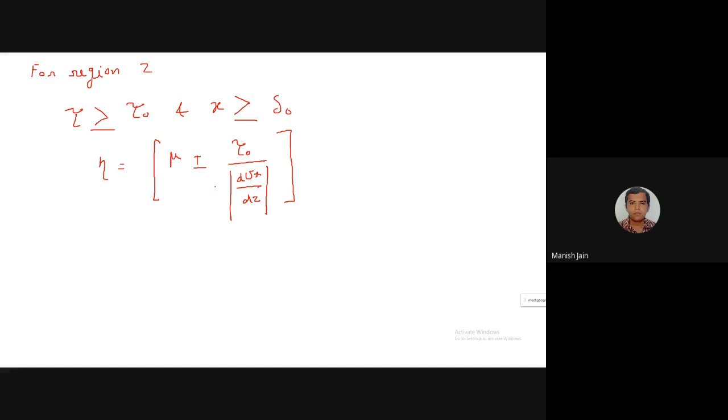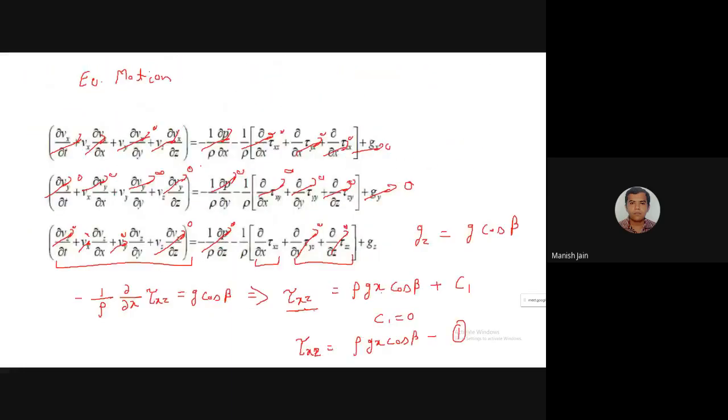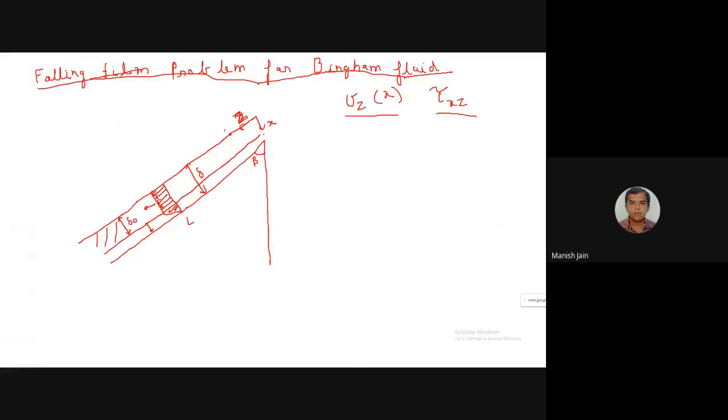So once you remove the mod sign, based on the mod sign, you have to select either the plus or the minus sign. Okay, so here you can see that once you go in the positive direction of the x-axis, the velocity will decrease. Okay, so when you move in the positive direction of the x-axis, velocity will decrease. That means this quantity dvz by dx is negative. Okay, so this quantity is negative.